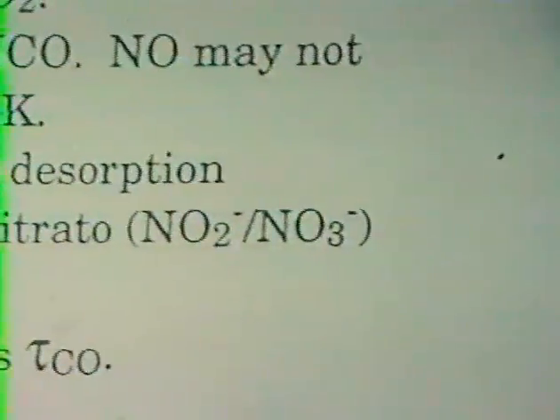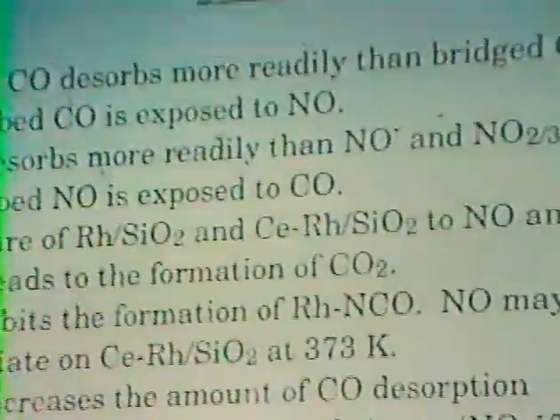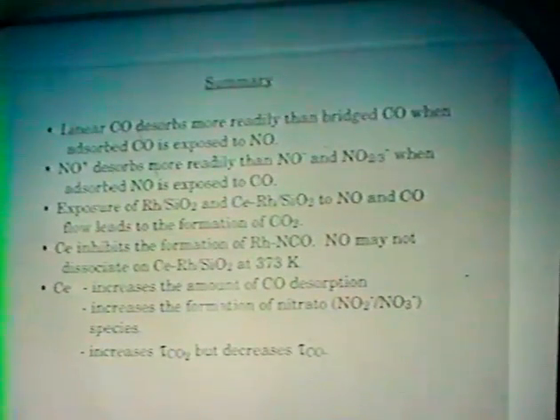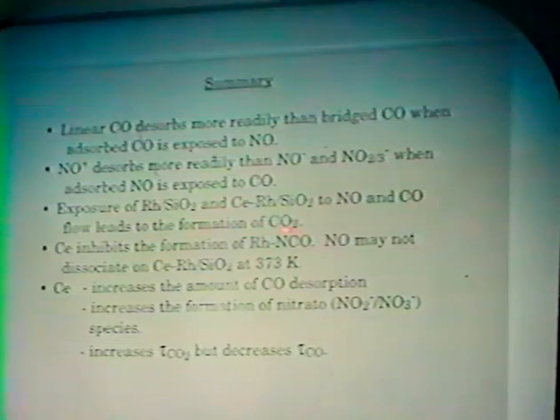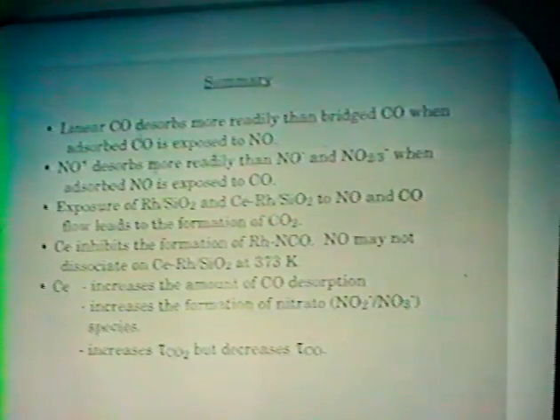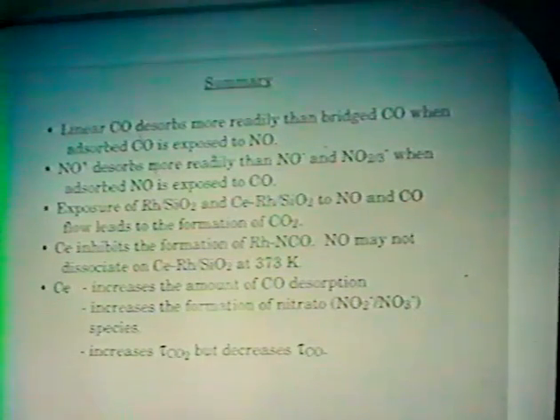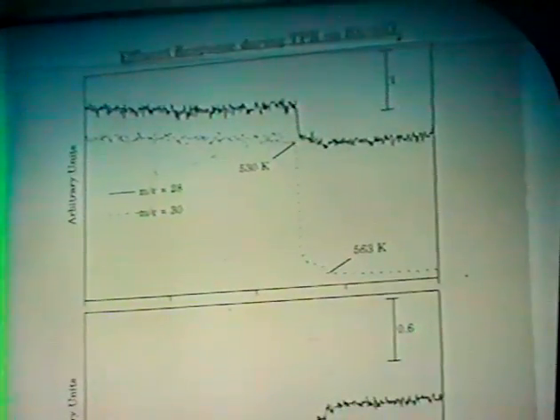Exposure of these catalysts to NO and CO leads to the formation of CO2, so the presence of gas phase CO is important for the formation of CO2 here. The presence of cesium on the catalyst inhibits the formation of isocyanate, and also increases the amount of CO desorption, and increases the tau CO2 while decreasing the tau CO. Tau represents the residence time of the adsorbed species.